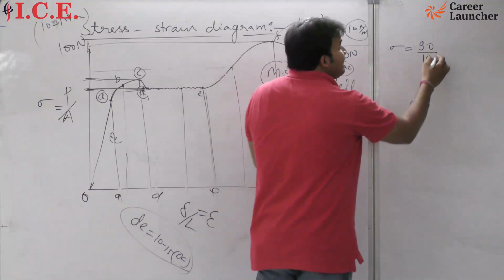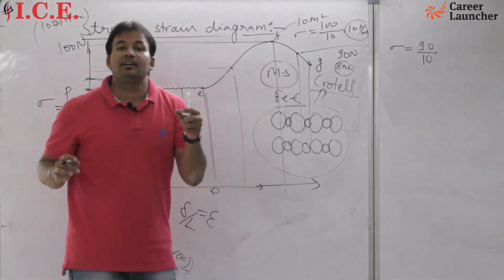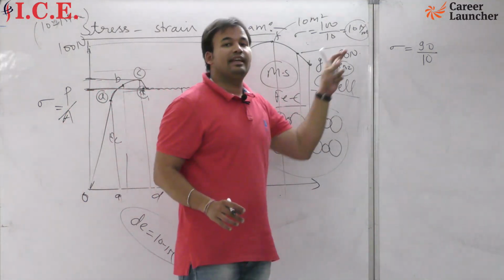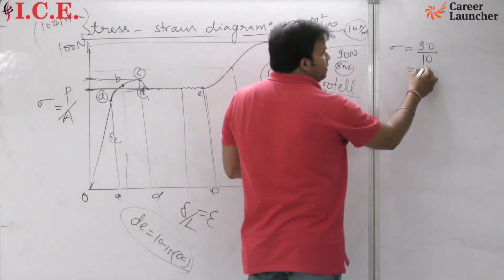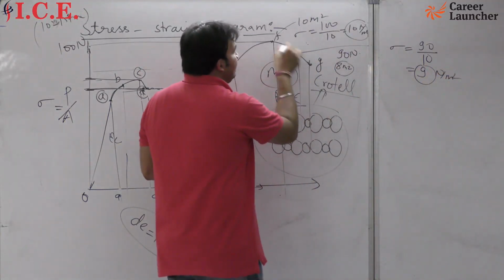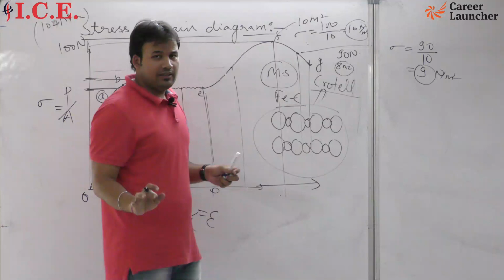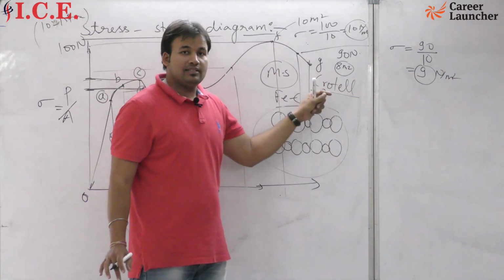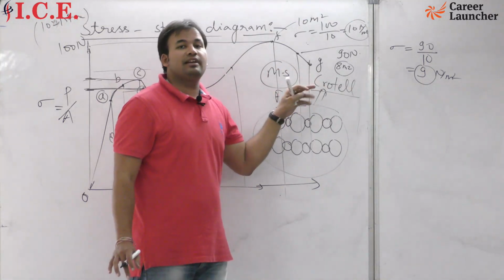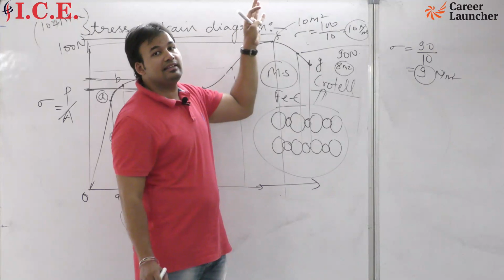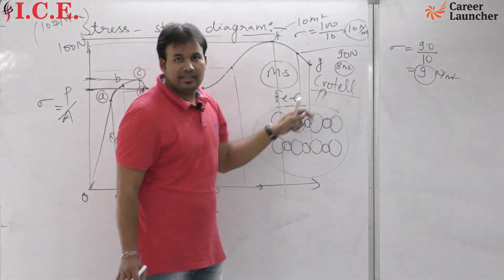Why? Because in the engineering stress versus strain curve diagram we always use the original area. So with the original area, the stress will be 9 Newton per meter square, which is less. This clearly means that due to necking the area will be less, but for the engineering stress versus strain diagram we consider the original area, that's why this curve will be like that.